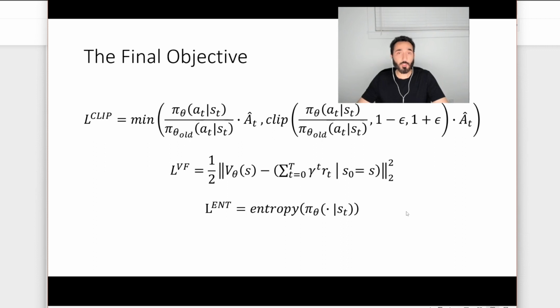Finally, we have the entropy loss. And if you remember, this is related to exploration versus exploitation. The simplest idea to allow the policy to do a little bit of exploration some of the time is to inject a little bit of probabilistic actions, just some actions that are not very likely, but sometimes we want the policy to take those actions as a means of exploration.